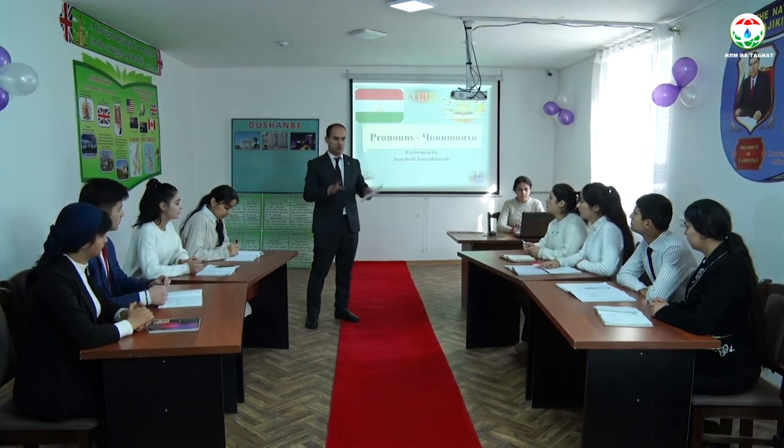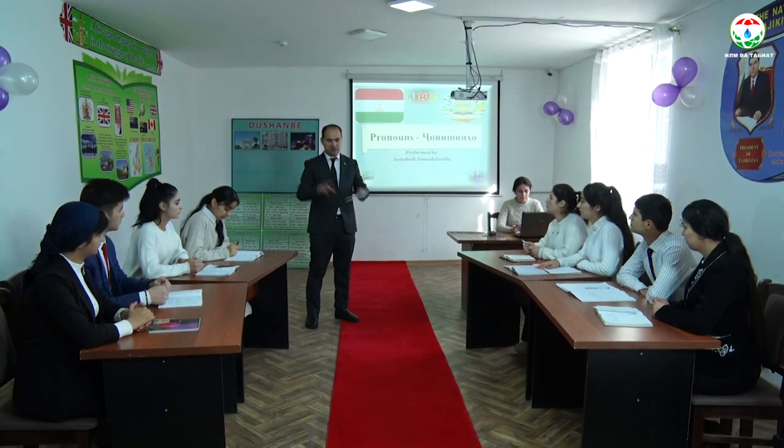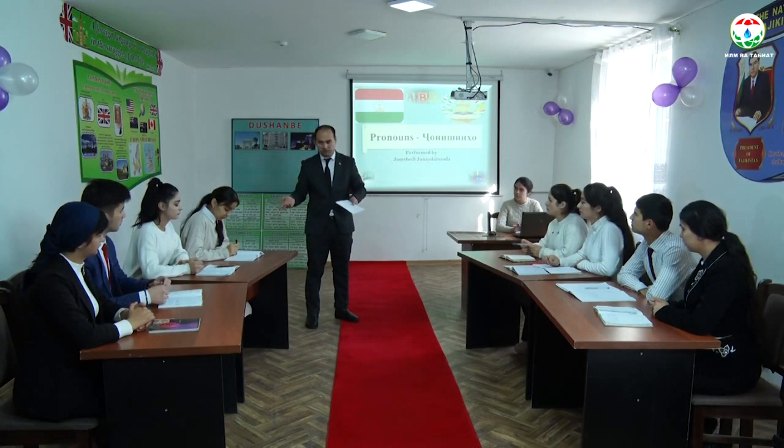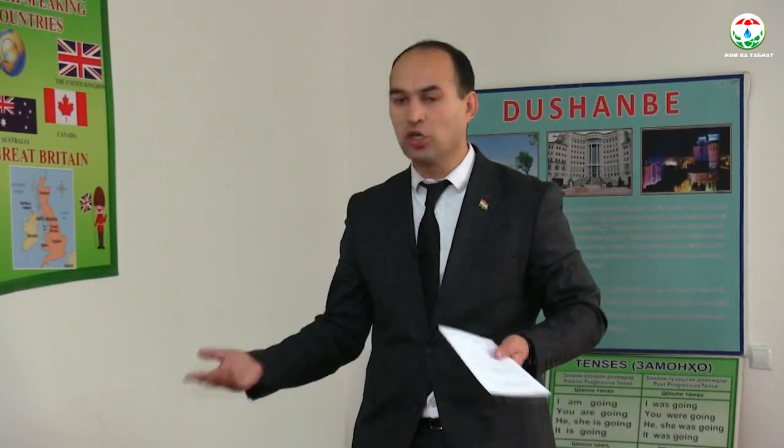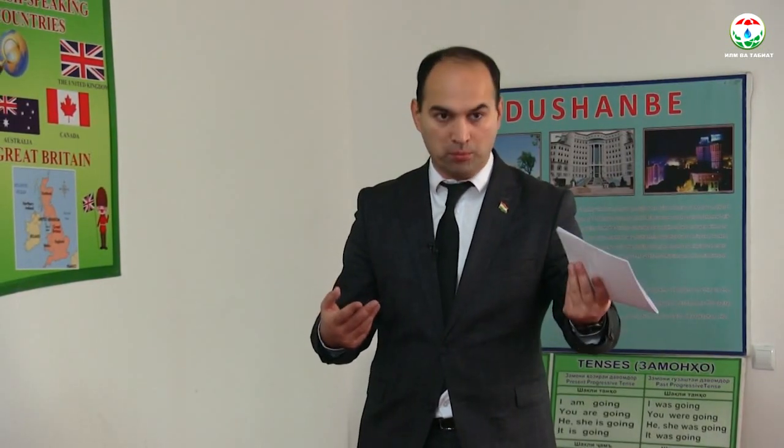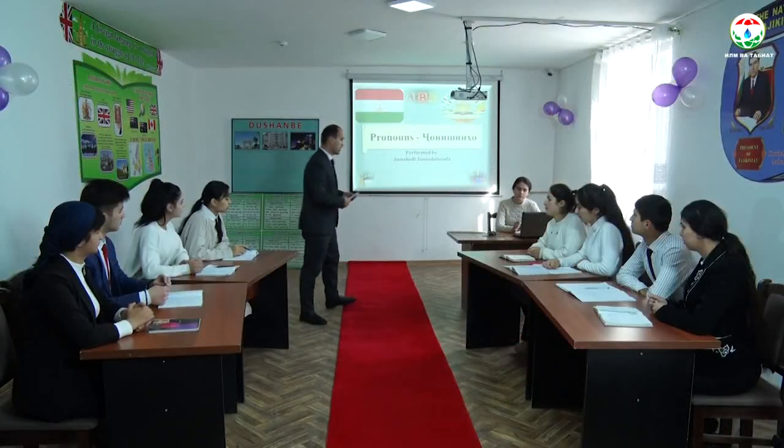And the object case is me, you, him, her, it, us, you, them. What about nominative personal pronouns? They answer the question who and what. Object personal pronouns answer the question whom. Yes. Okay. Thank you.